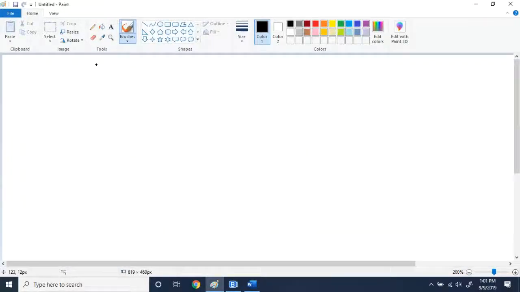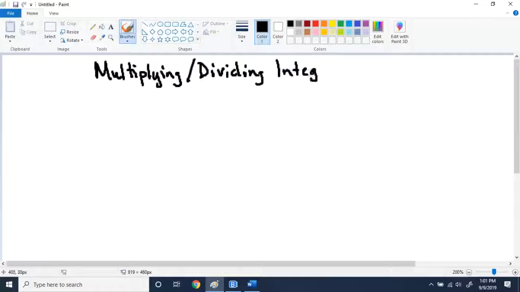Okay, the rules for multiplying and dividing are the same. If both signs are positive, your answer is going to be positive.